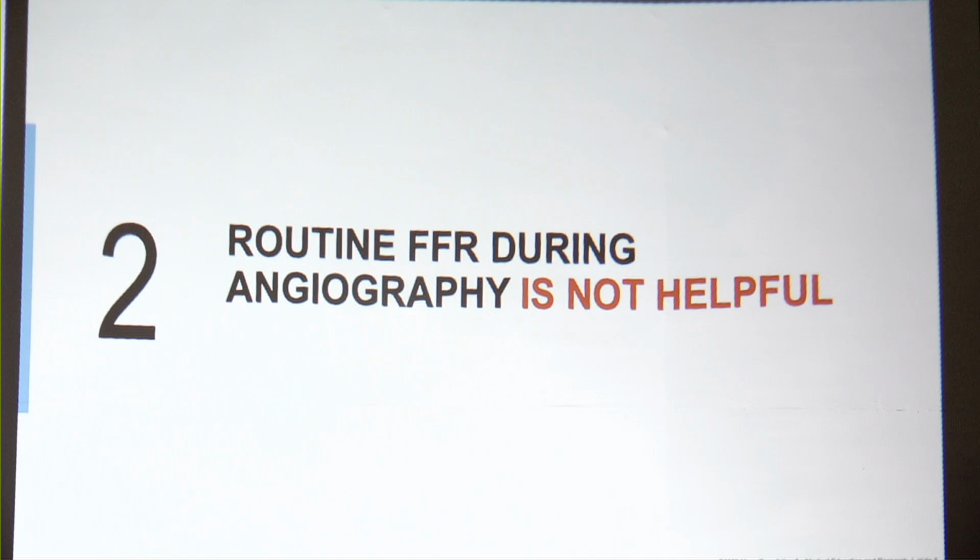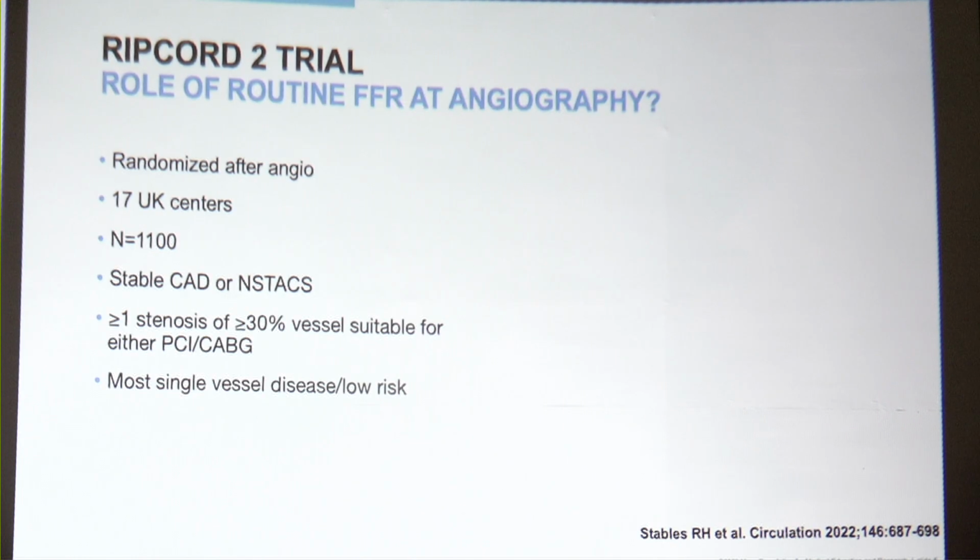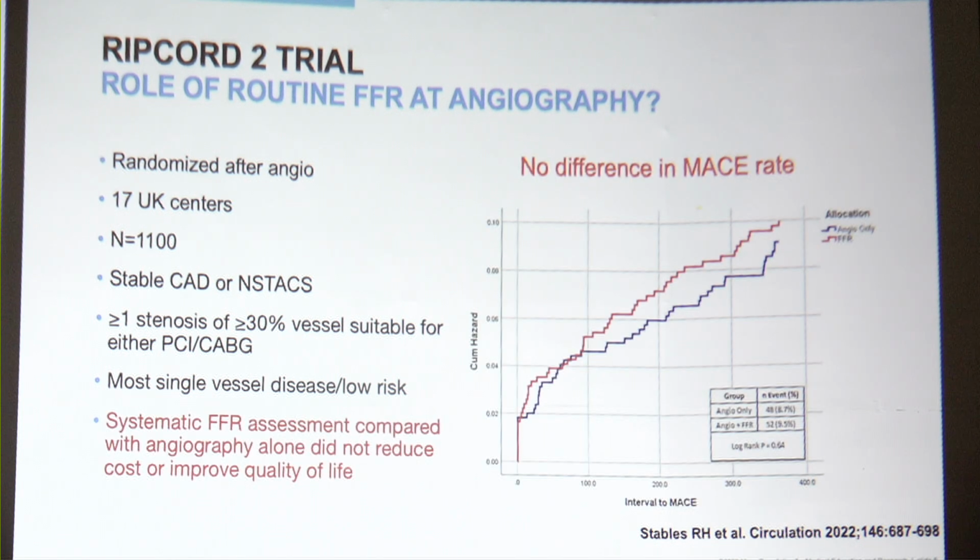So point number two: routine FFR during angiography doesn't add anything. I think this is an easy one to get out of the way. It's been studied very carefully in the RIPCORD trial that was published last year. 17 UK centers, just over 1,000 patients with relatively low-risk disease. They measured FFR across every lesion more than 30% in the FFR arm, which is kind of an unusual trial to do, because I don't think we typically worry about 30% lesions.